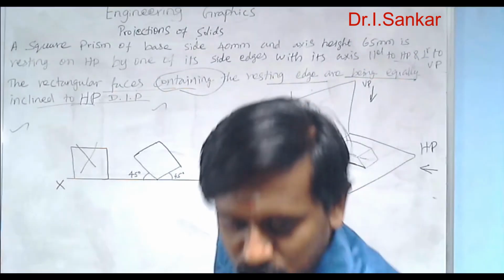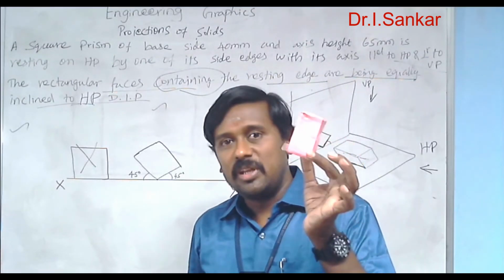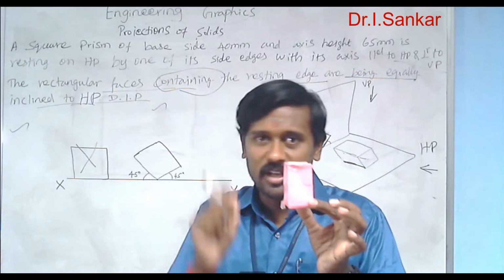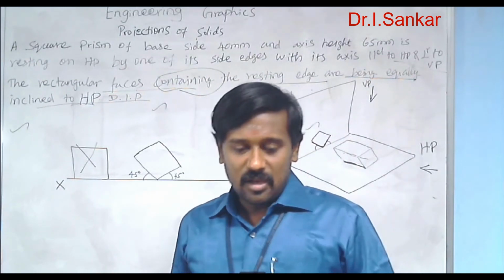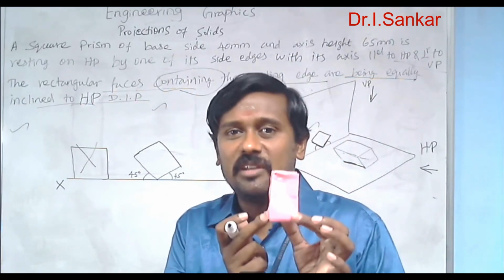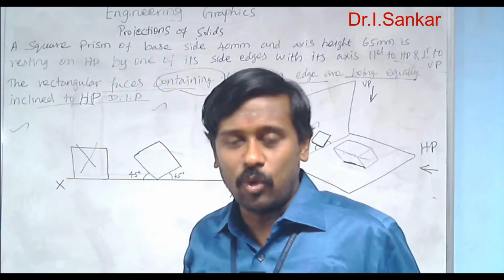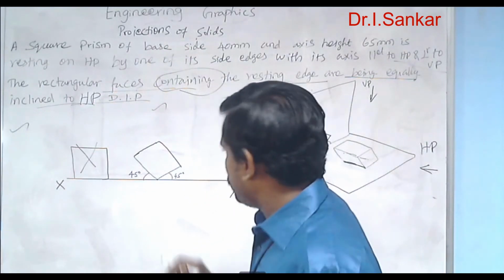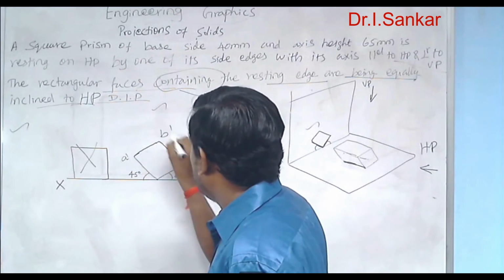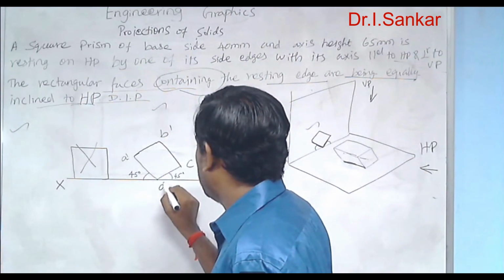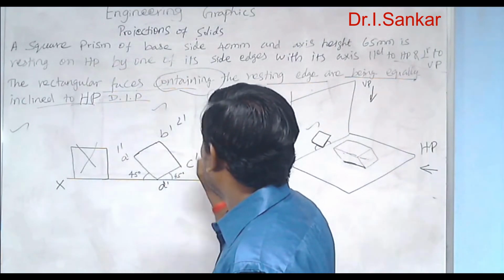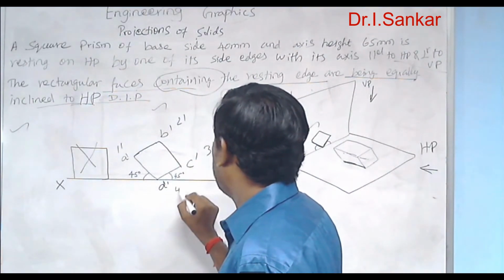So it is actually a square prism. How many corners are there actually? Base 4 corners, face 4 corners. Totally 8 corners are there. And we can mention the base corners with A, B, C, D, and the face corners with 1, 2, 3, 4. So in this way, if you give the name, here maybe A dash, B dash, C dash, and D dash, followed by 1 dash, 2 dash, 3 dash, and 4 dash.